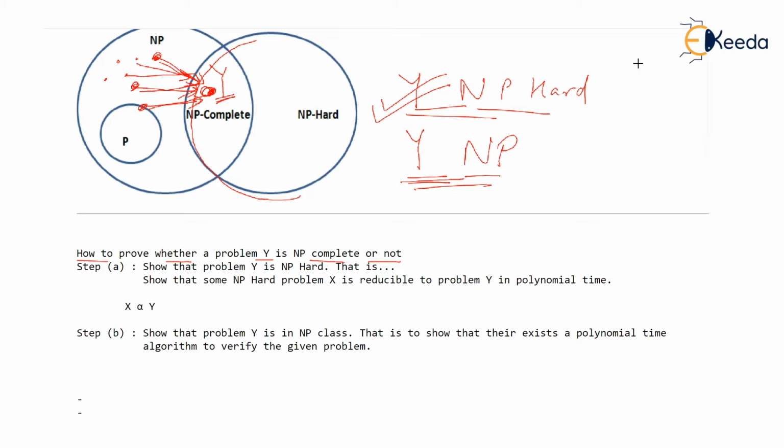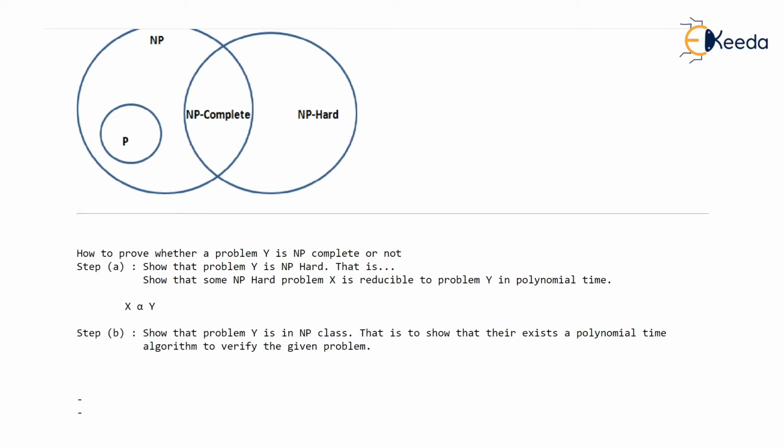Well, the good news is we have the theorem here, which we saw in the earlier videos. If you want to prove that Y is NP hard, then you can take some NP hard problem that you already know. You have proved earlier that there exists a problem X which is NP hard.